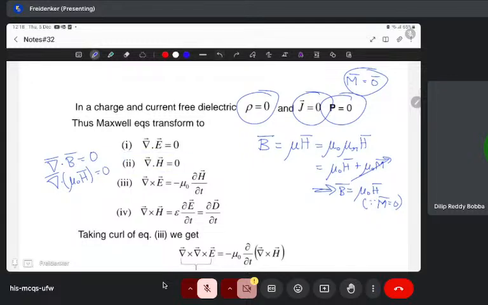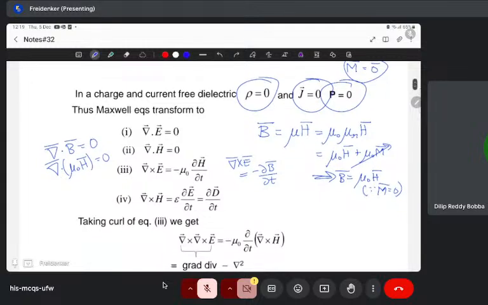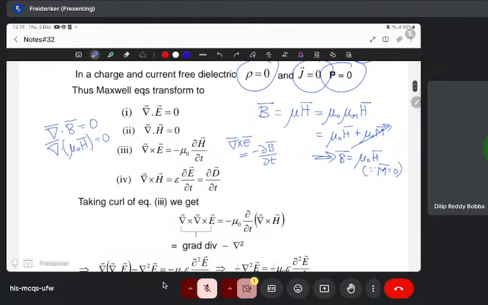And here there used to be a B, right? Curl of electric field was minus dB by dt. They replaced B with mu naught H bar, and that is why mu naught came here. Considering magnetization to be zero, lot of assumptions. Same story here. We had curl of magnetic field to be mu naught J bar plus the displacement current. They consider J to be zero if there is no current around.